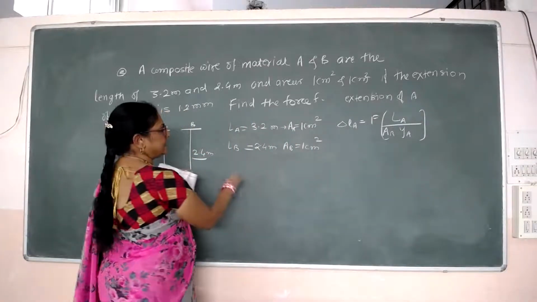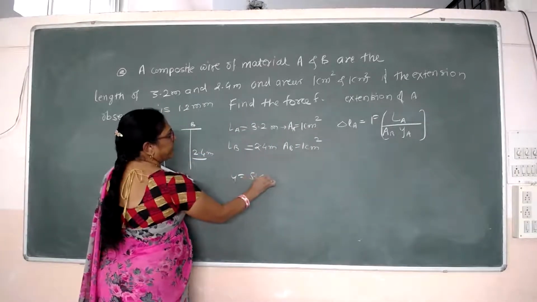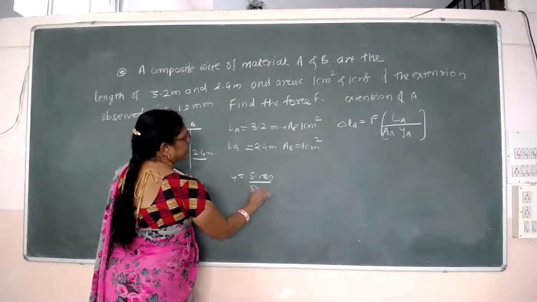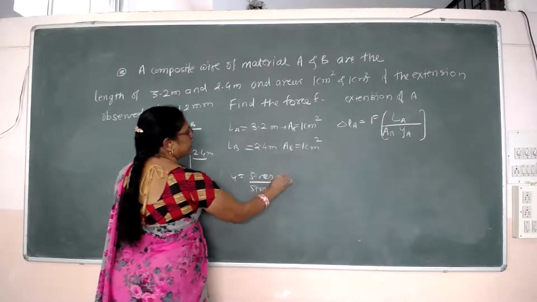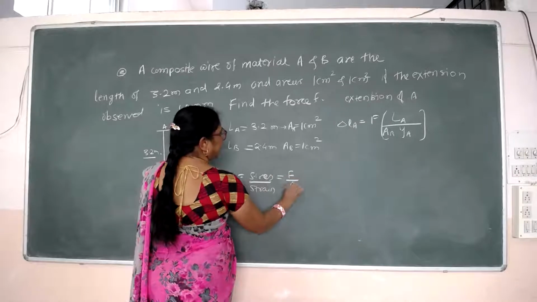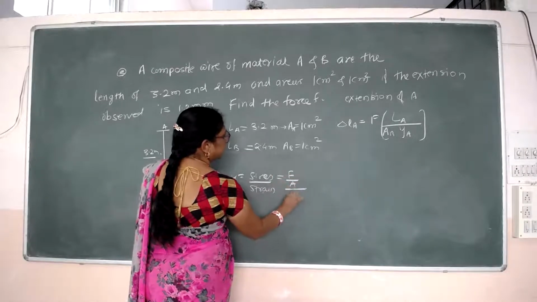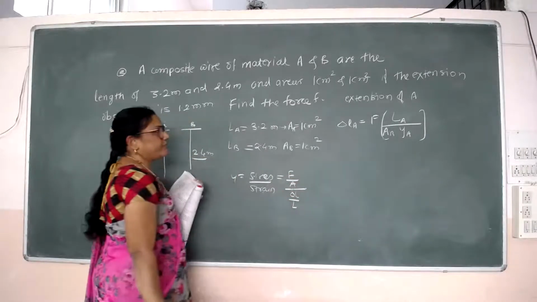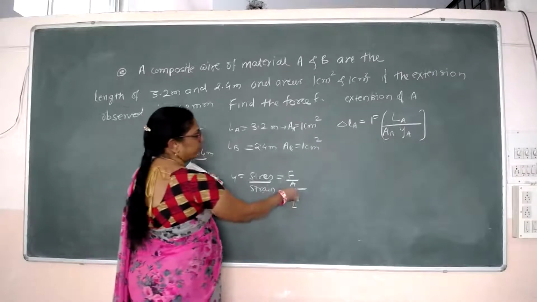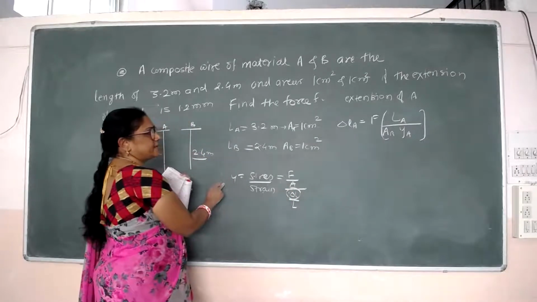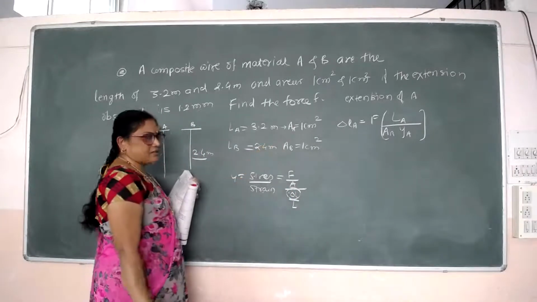We know that Y is equal to stress divided by strain. Stress is equal to F by A, and strain is change in length divided by original length. So here we want to find the change in length, so take this one side and all the other values on the other side.